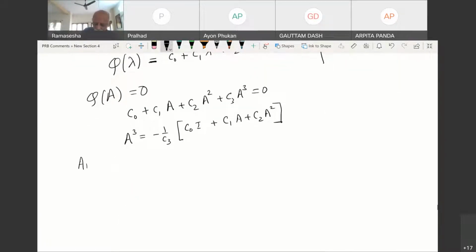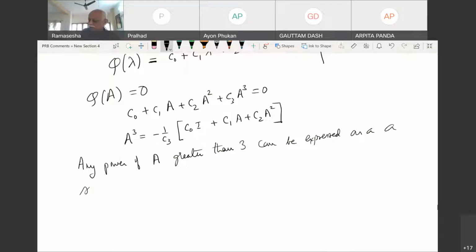So any power of A greater than 3 can be written as a sum of the matrices I, A and A squared.